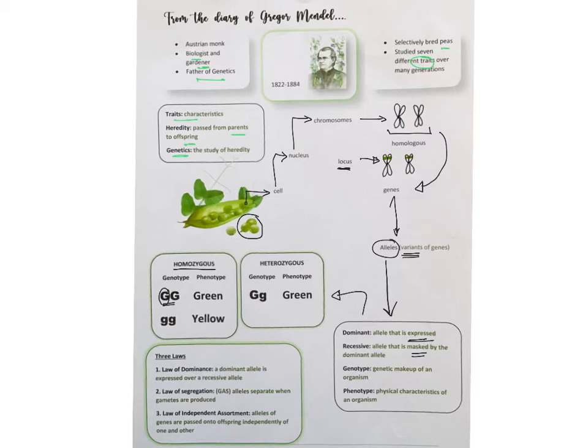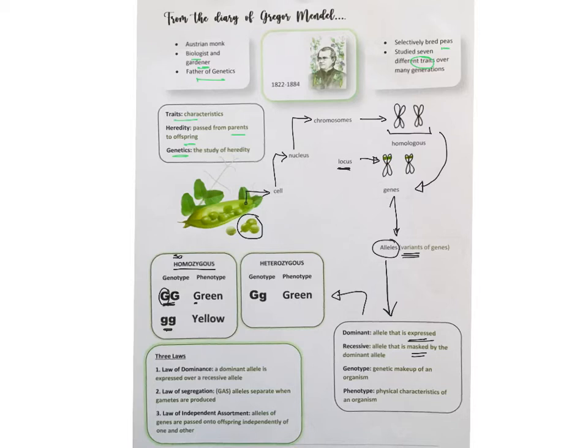In this case, we're using capital G because the dominant allele is green. The first case here we have big G, so they're the same. And the second case is little g, or small g. So these are the same.